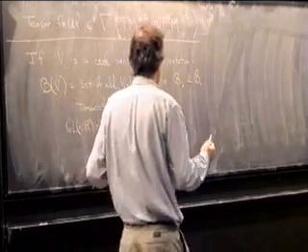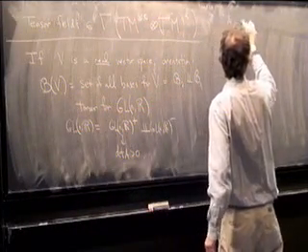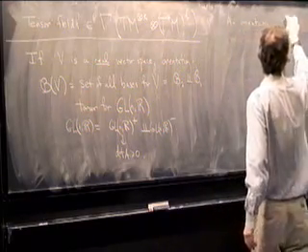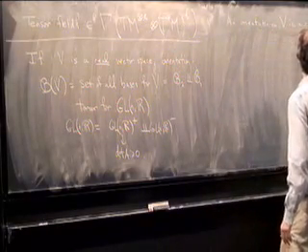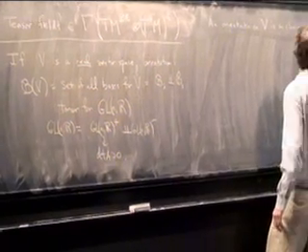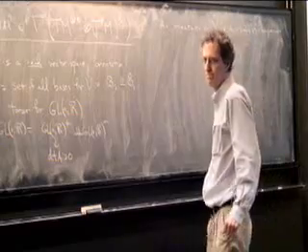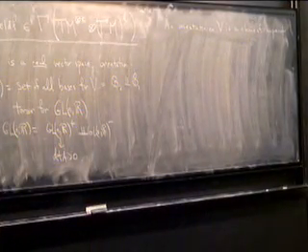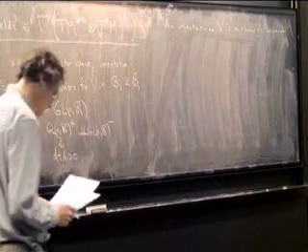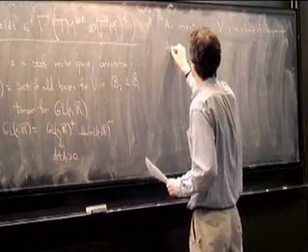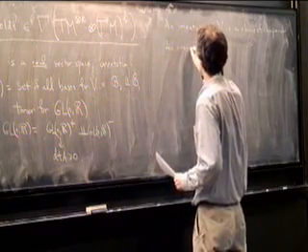So an orientation on V is a choice of component. Okay, so that's an orientation on a vector space. So now we can try and talk about an orientation on a vector bundle.